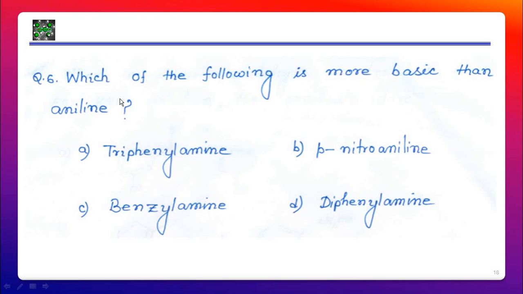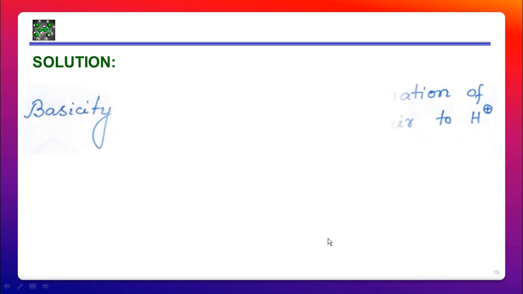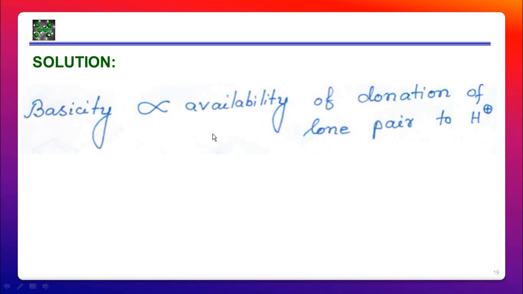Which of the following is more basic than aniline? 4 options are given as follows. Basicity is directly proportional to the availability of the lone pair for donation to any proton. It means if you have an electron pair and this electron pair is more available for protonation, this system will be more basic.